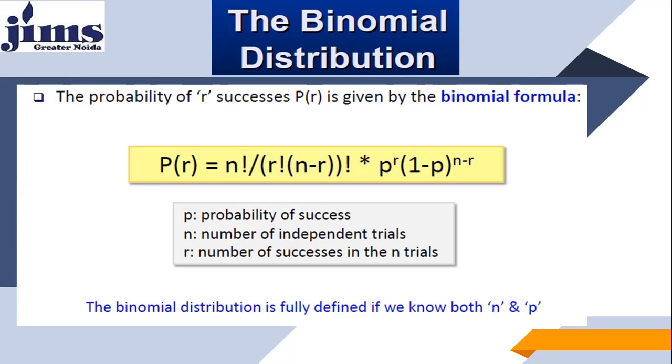So the total number of trials performed is n, and small r is the number of successes you get out of the n trials, p is the probability of success, and of course 1 minus p is the probability of failure.